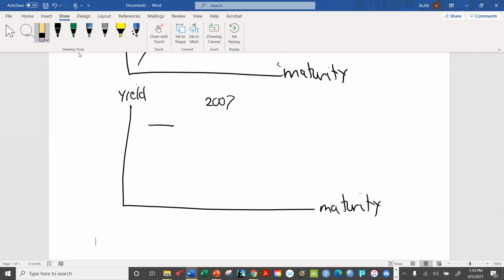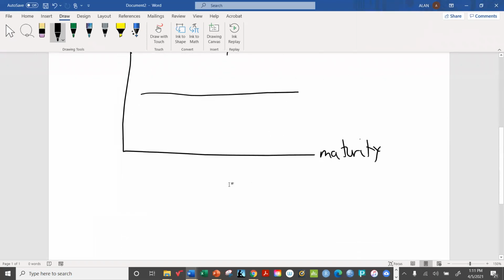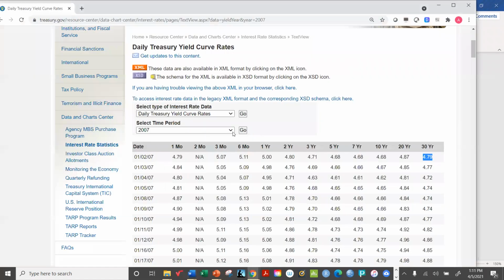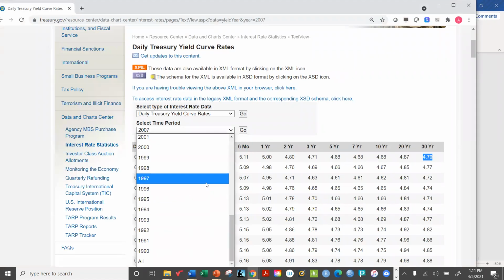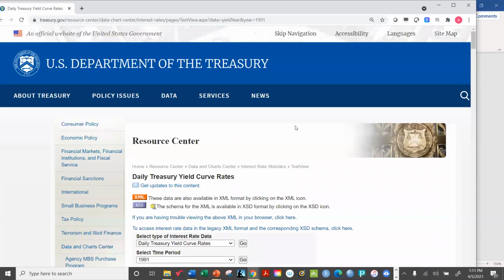It's almost a perfectly flat line. That's extremely unusual. And there have been other cases, which maybe I can find one of them, where things are really going badly, where the curve actually might be downward sloping.